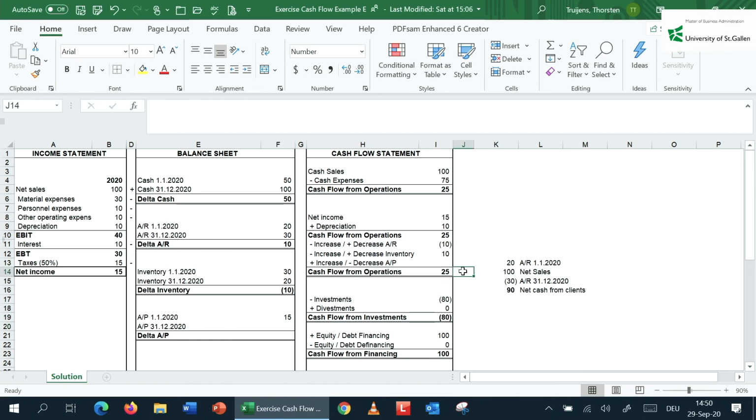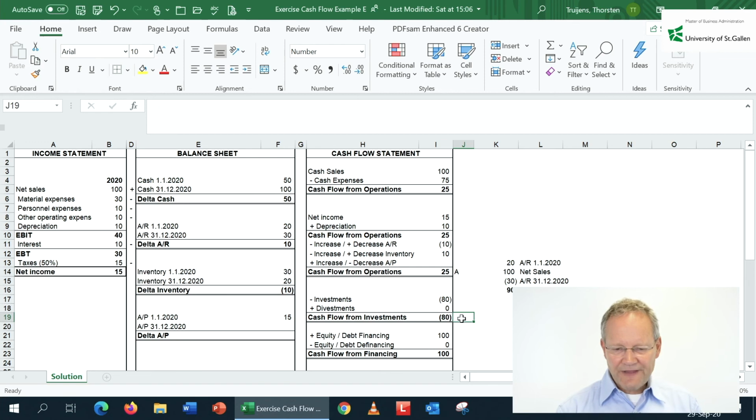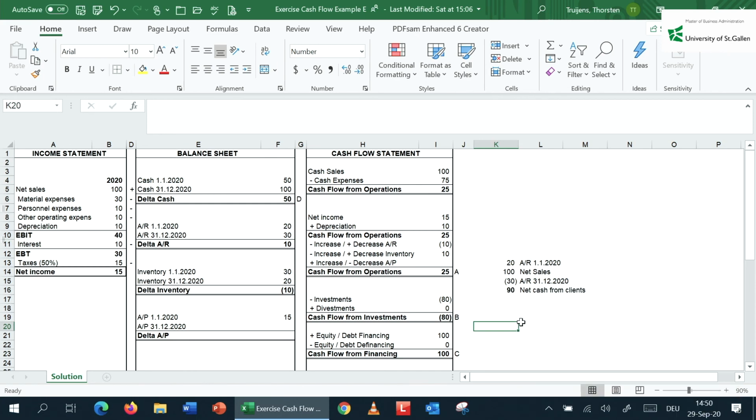If you add up the money left over from your operations and then go into your investments and ask what is the money we spent on investments, and then add up your financing. So if you take A plus B plus C, you need to get exactly this number, which is D. So the delta in cash, D, equals A plus B plus C.